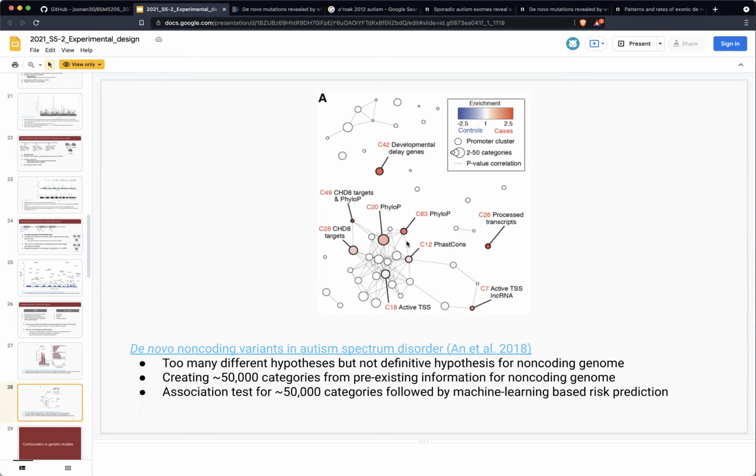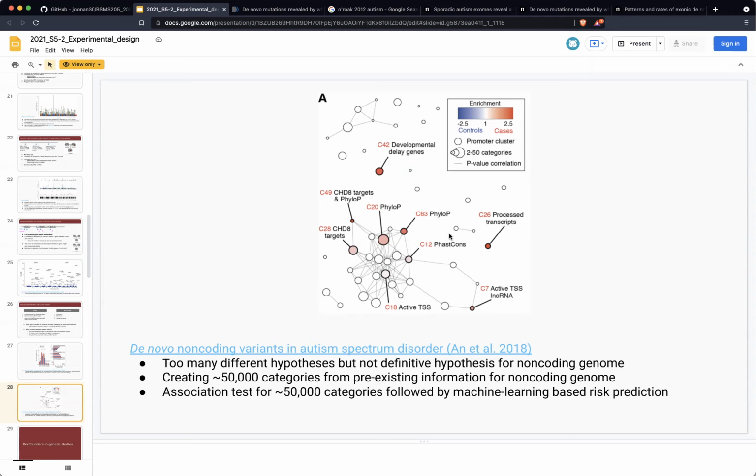What you have to understand is why we are looking at categories in these types of research. The reason is that in the non-coding genome, as I explained, there is no way to make a definition of the gene. So you have to set up a different testing unit, and for non-coding mutation, you have to set up a certain category for the association testing.